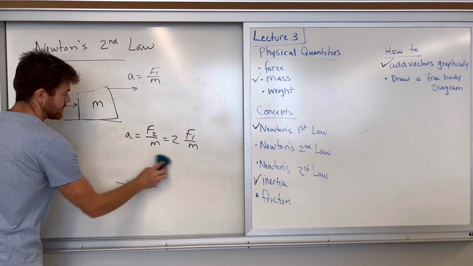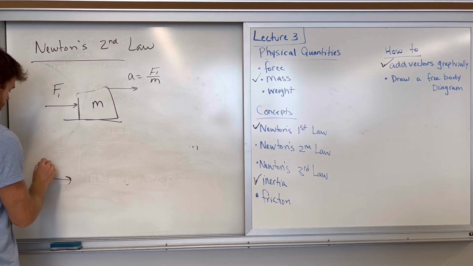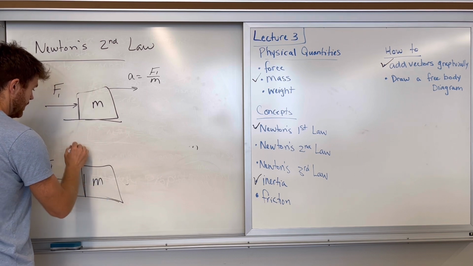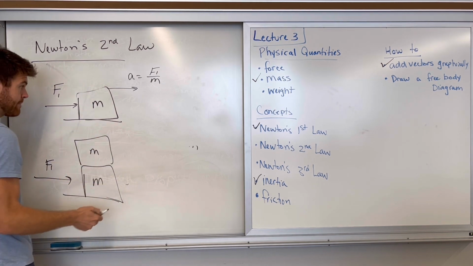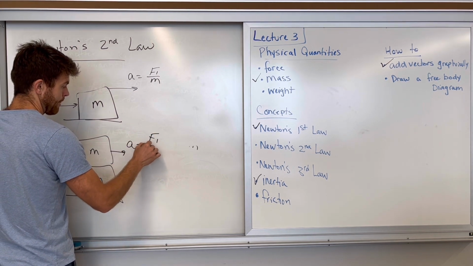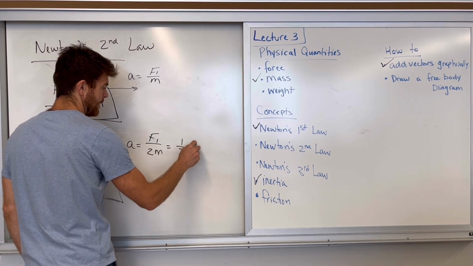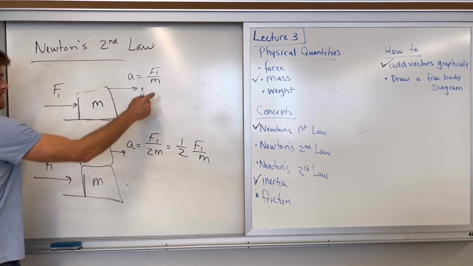What if instead of changing the force, we keep the same force, but now we're doing twice the mass? We exert the same force on twice the mass, well then the acceleration is halved, right? We get 1/2 of the original acceleration.